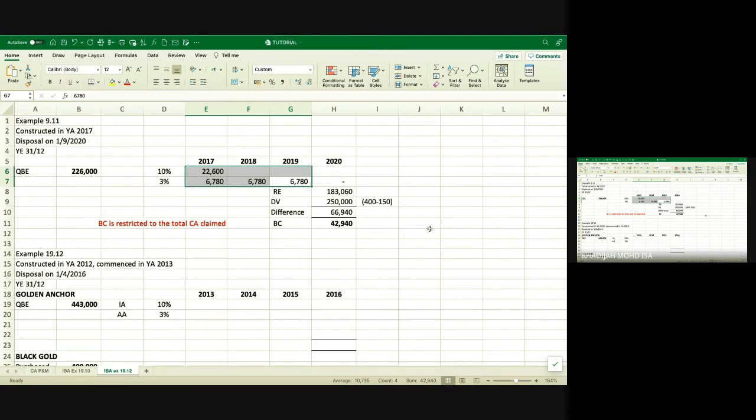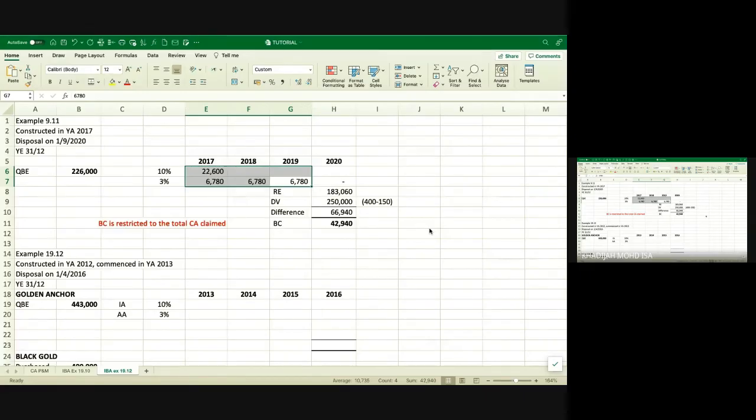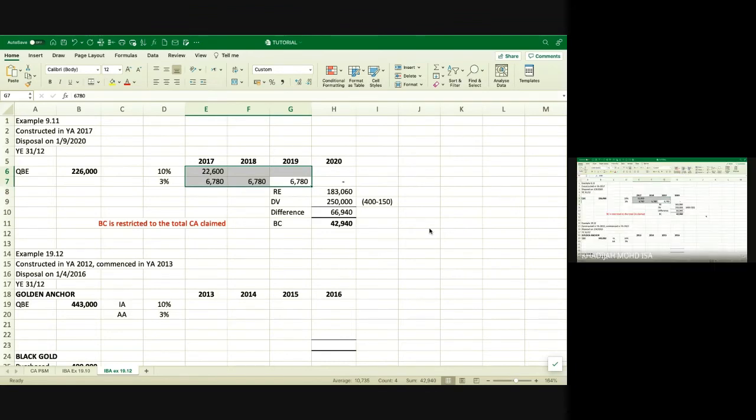My question is, if you are the company, Malaysian Paints, which one is better for the company, to have a balancing charge of 66,000 or a balancing charge of 42,000? 42,000 is better for the company.